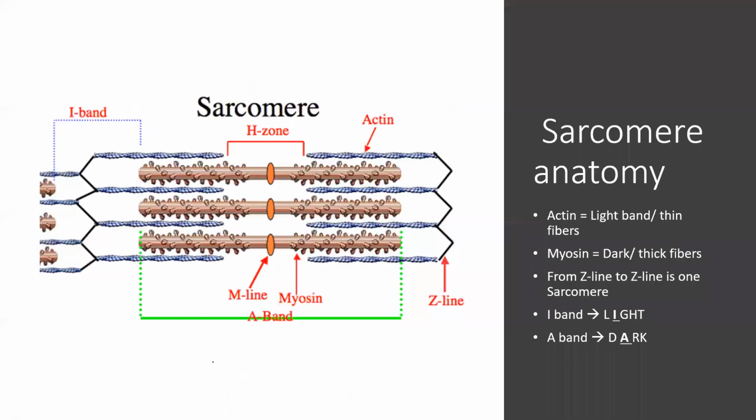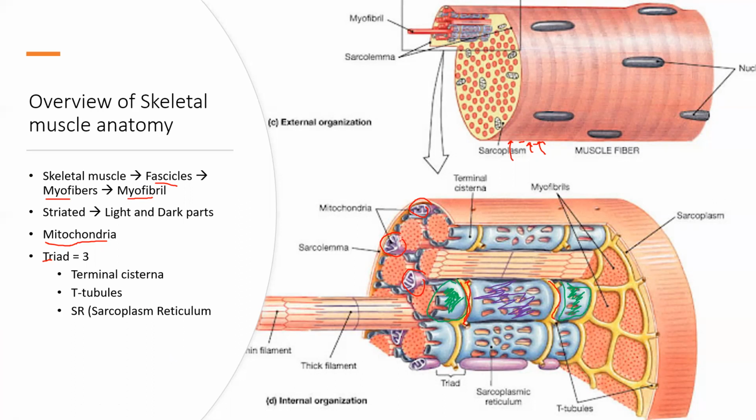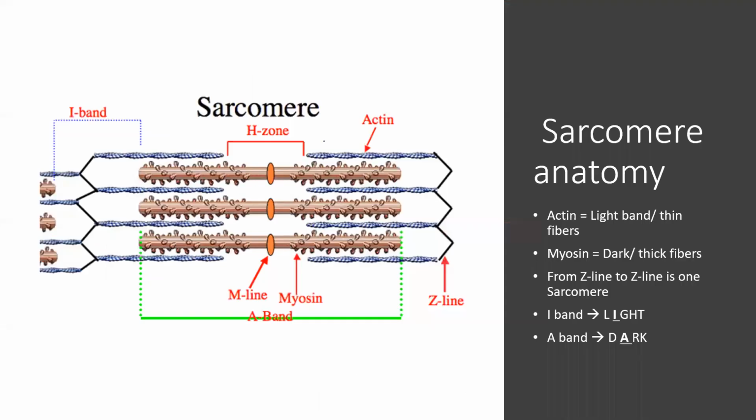So up next, we're talking about sarcomere anatomy. So this is going to be the individual filaments from the myofiber. So these are the myofilaments. So if you can see this right here, these little dots right there, we're individually pulling those out right there. Okay, so we have actin, which is the blue.